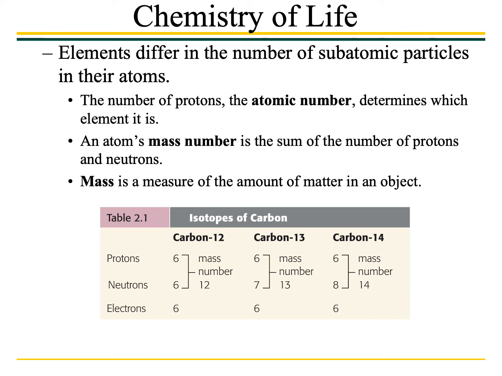What you can see is that carbon-12 has 6 protons and 6 neutrons. So going back to the definitions that I included on this particular slide, the atomic number is the number of protons in the nucleus. So for carbon, the number of protons is 6, therefore its atomic number is 6.